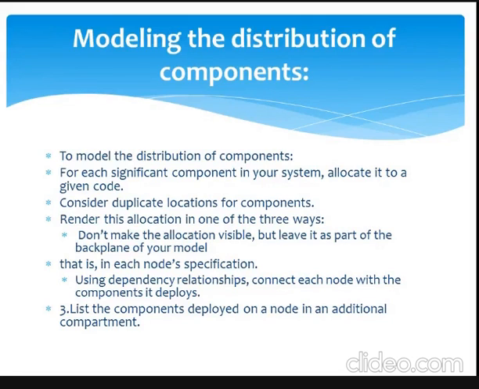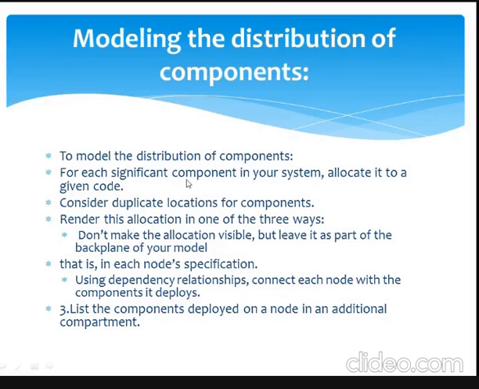The deployment diagram is also used to model the distribution of components: how we distribute the components in the nodes. The main use of deployment is to model the distribution of components, how we distribute the source files inside the node. To model the distribution of components, first of all we need a node that allocates some memory.